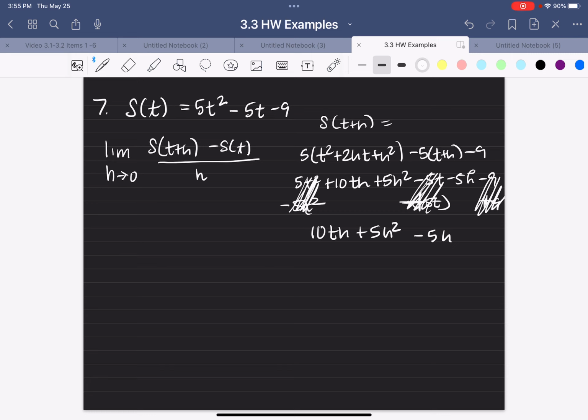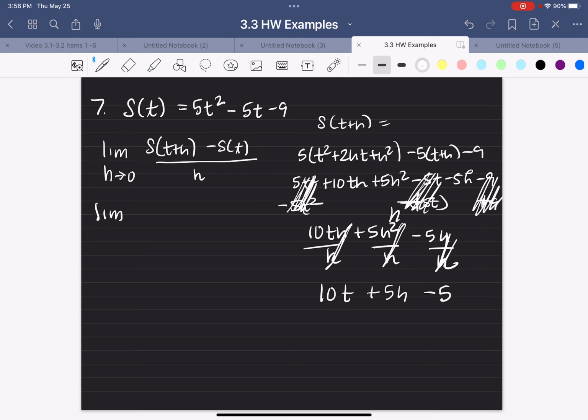And the last part of the formula says, hey, divide everybody by h. So h here, h here, h here. The h's are going to divide out here. Here, I'm going to be left with an h on top, and here they divide out completely. So it's 10t plus 5h minus 5.